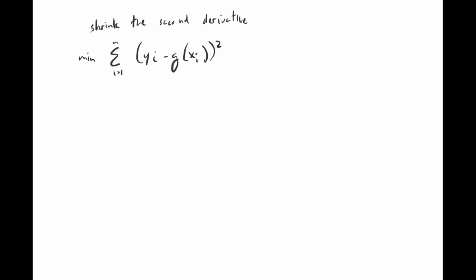But now we're going to add in a lambda, which is a tuning parameter, similar to lambda in our ridge and lasso regression, multiplied against the integral of g prime prime of t squared dt. And so this is the penalty function.